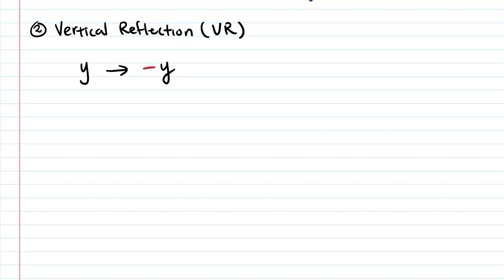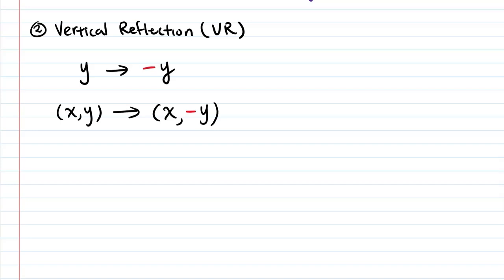Only the y coordinates change sign. The x coordinates do not change at all. So the coordinates x and y become x and negative y when a vertical reflection is happening.